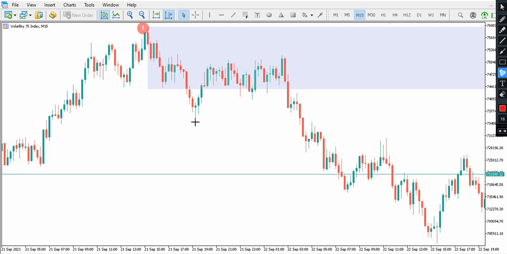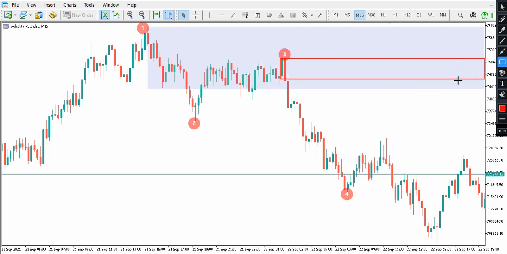We have a high, we have a low, then we have a high, and then again we have a lower low right here. This high failed to take out the previous high, but it took out the previous low, and then it formed a lower low. Therefore, this is a failed market structure, and then this order block here, we expect price to come and respect it, and then go down again.